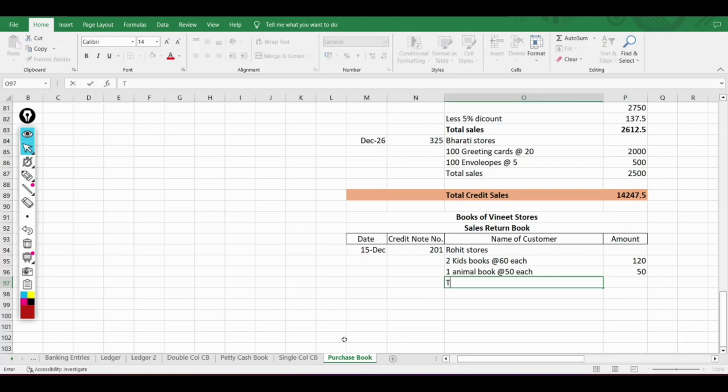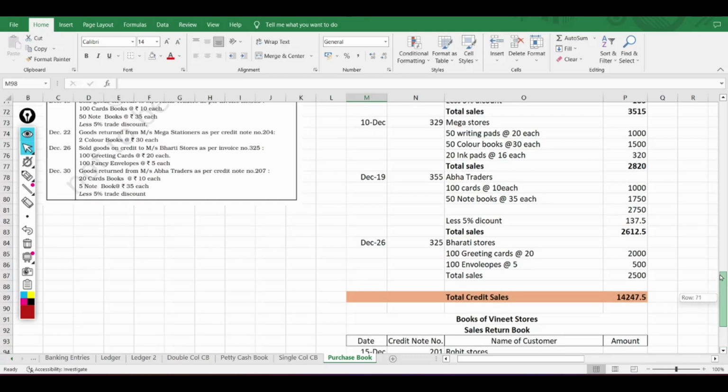So total sales returns here is rupees 170 from Rohit stores. It's rupees 170.